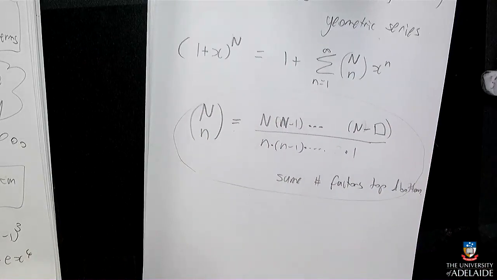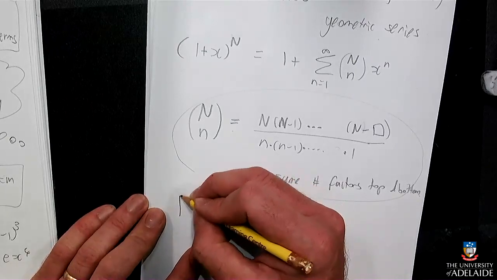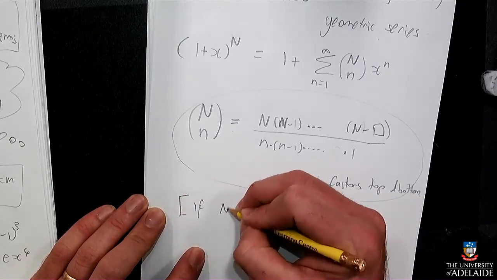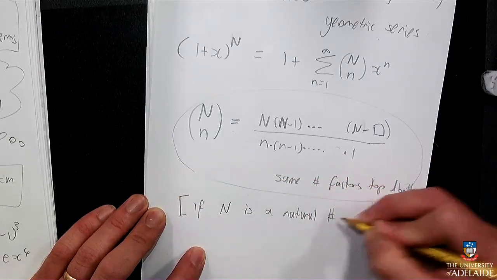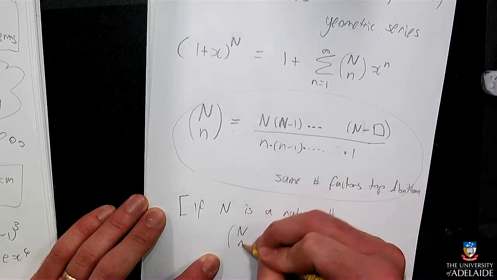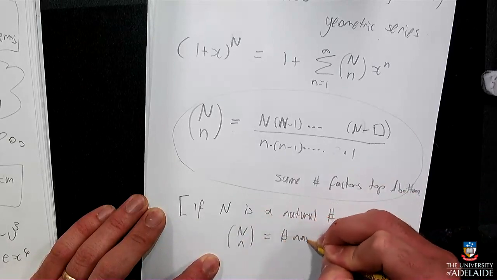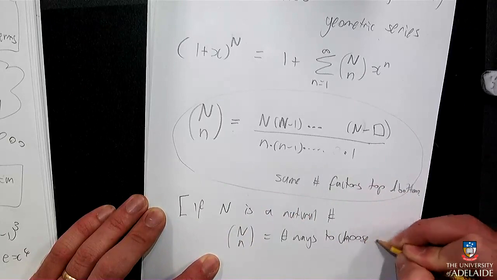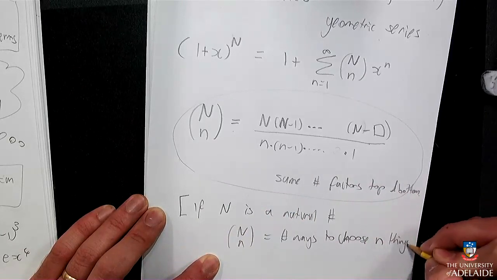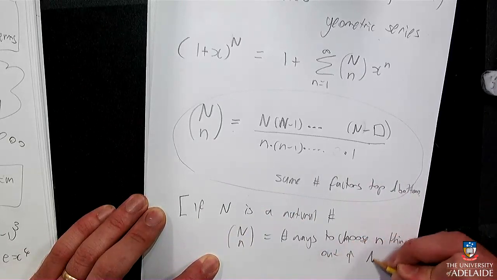So if big N is a whole number, this will be the number of ways to choose little n things out of big N. So if that's a natural number, then it equals the number of ways to choose this many things out of that many things.